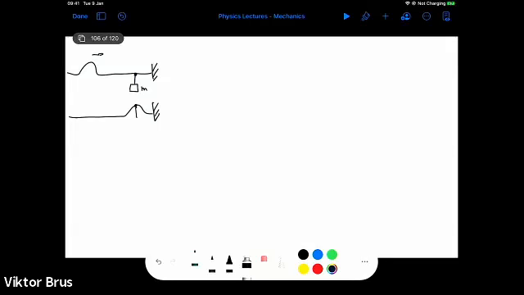The mass will move upwards, which means it will increase its potential energy, so the energy of the wave was converted into an increase of the potential energy of this mass. So definitely this wave or pulse brings some amount of energy which can do work.